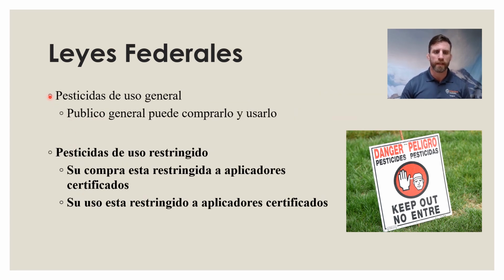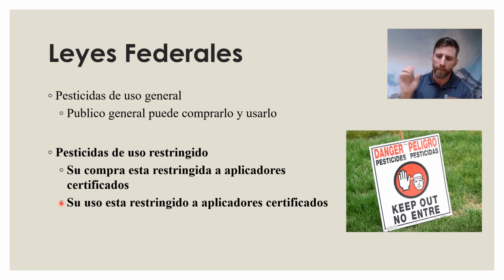And this is important here because a general use pesticide can be purchased and used by anyone. A restricted use pesticide, on the other hand, can only be purchased by a person with a certificate for pesticide application, and it can only be applied by a person with a pesticide applicator's license.